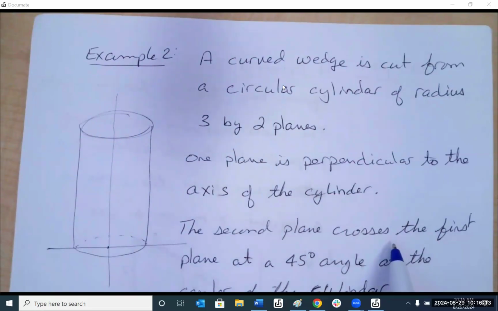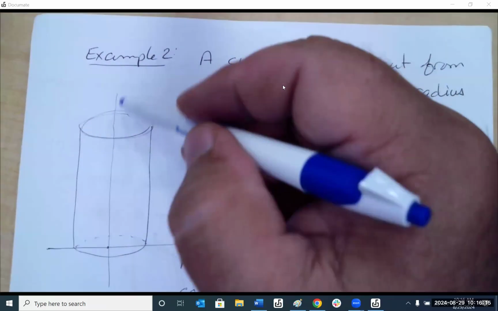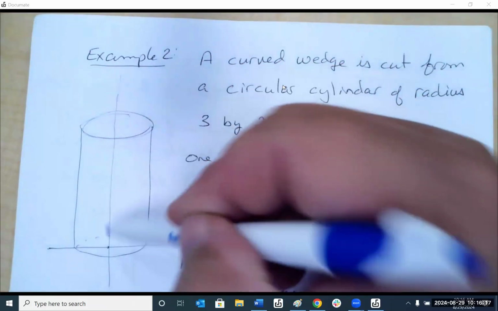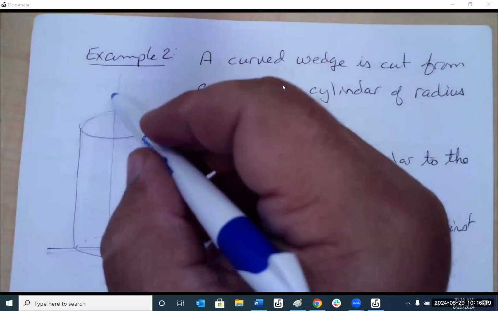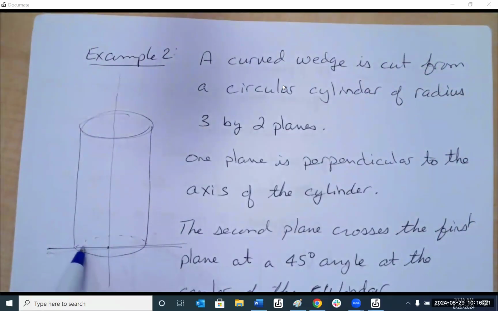and the second plane, so one of them is perpendicular to the axis. The axis is the x-axis. So we're going to cut it across, say, here. And the second crosses the first plane at a 45-degree angle at the center.